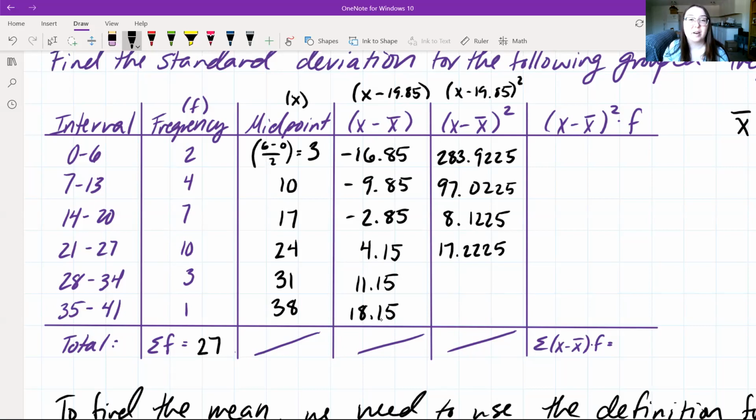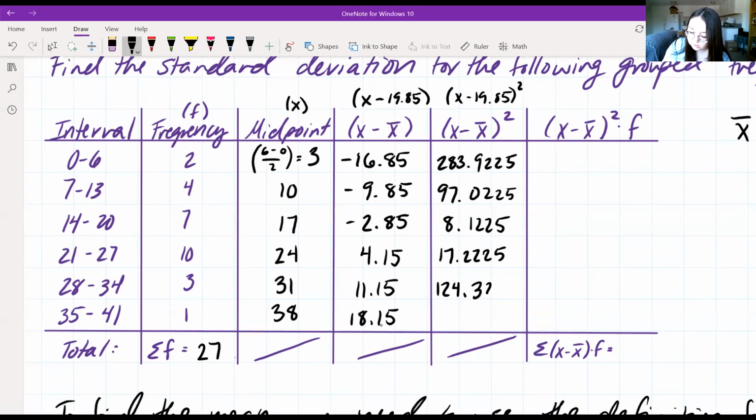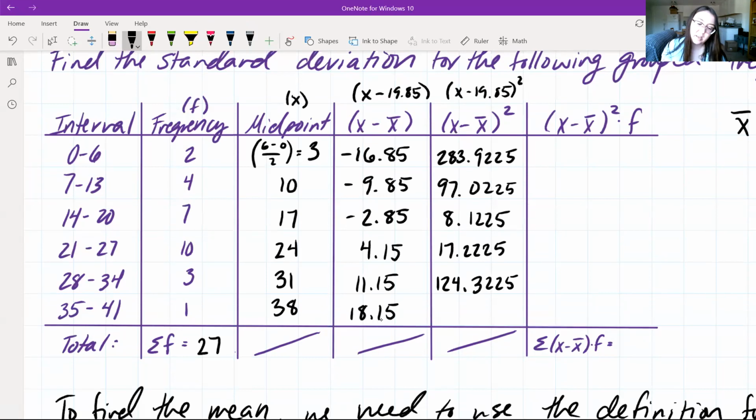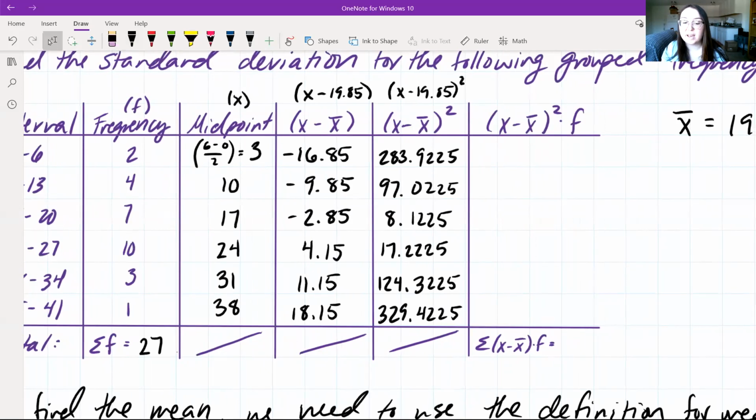Then we're going to square 11.15, which is going to be 124.3225. And then we're going to square 18.15. And this is going to give us 329.4225. So now we have the square of our deviation from the mean.